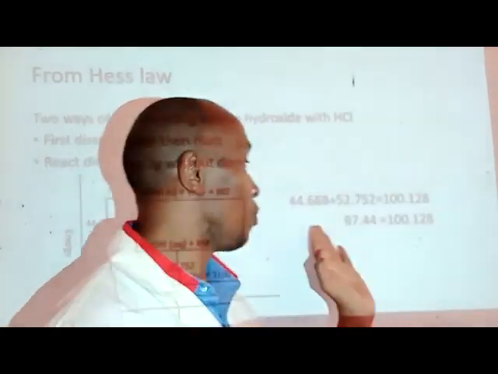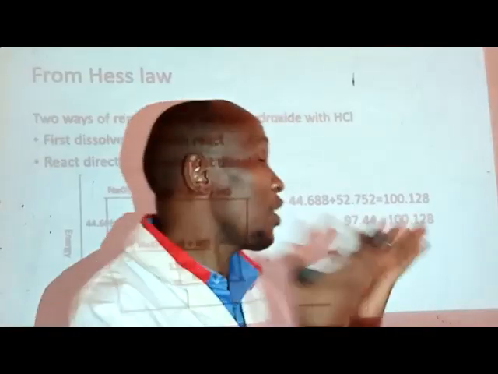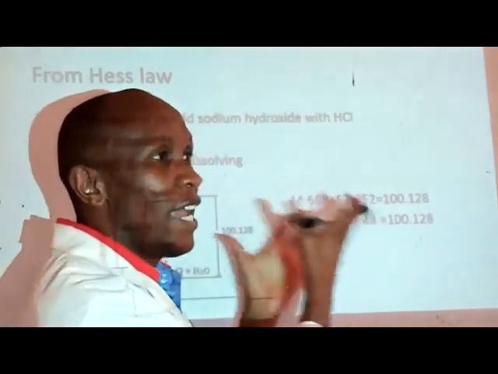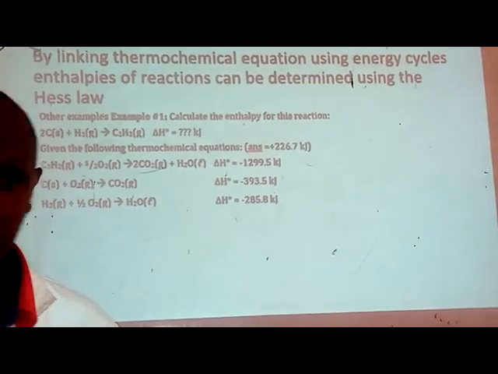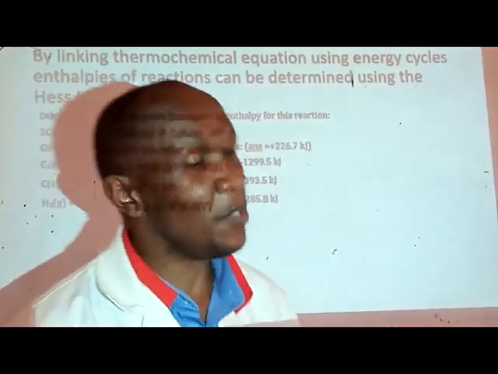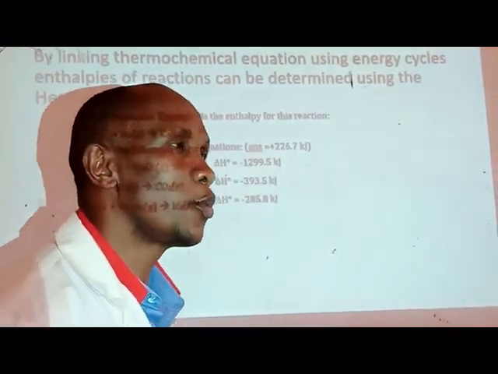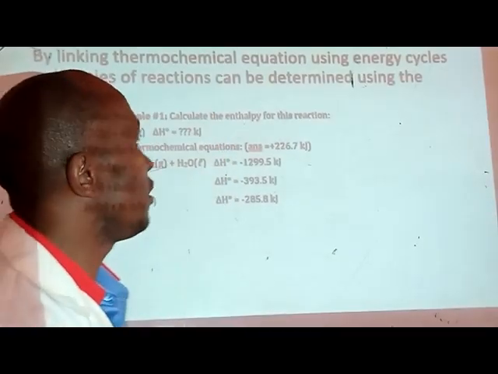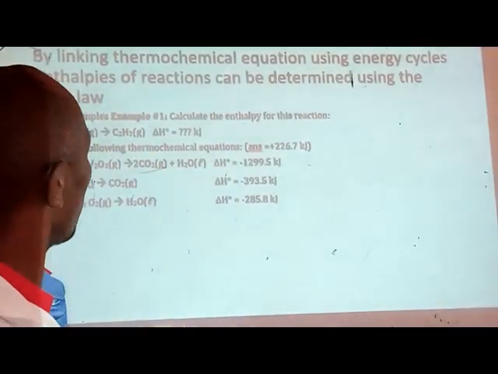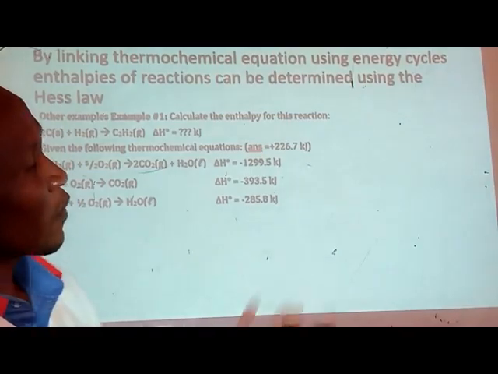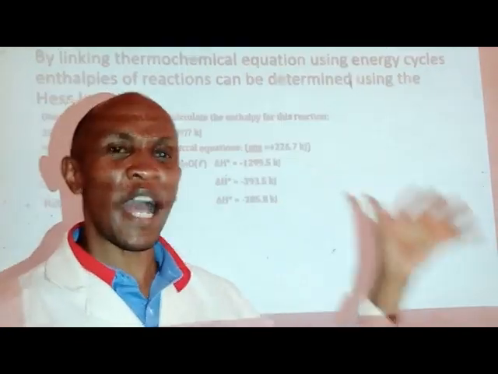So actually this shows that Hess's law is correct. So what we normally do when we use Hess's law to work out the enthalpies of some reactions is we connect reactions.